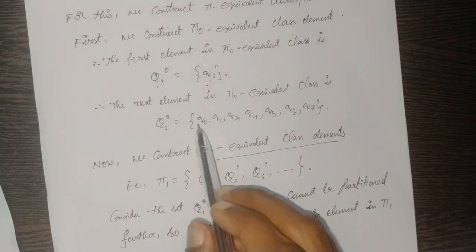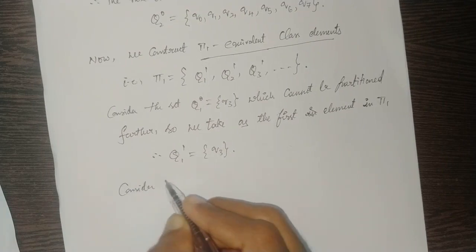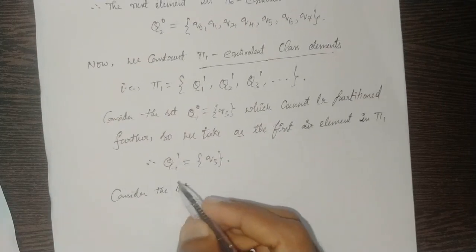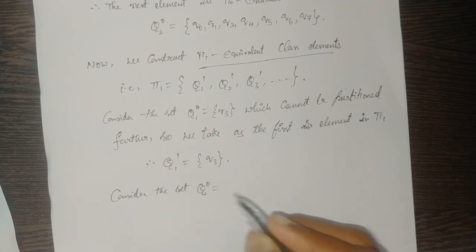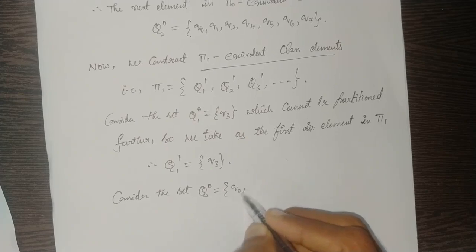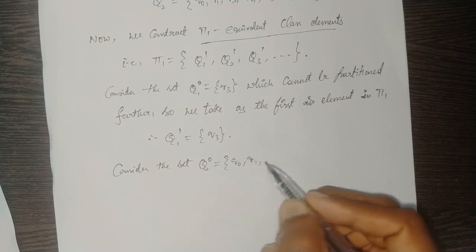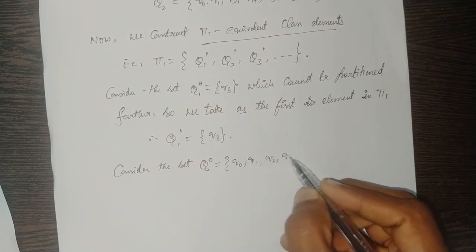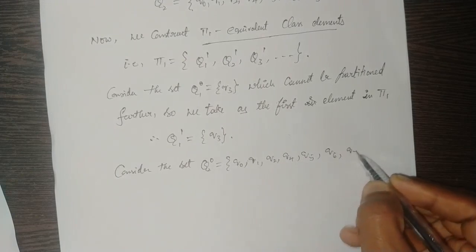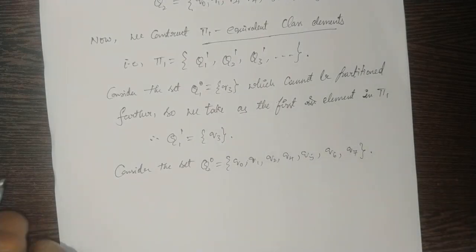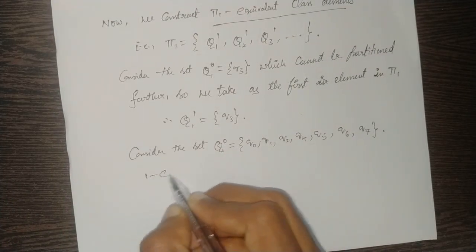Now consider the second element in pi 0. Consider the set Q2 naught, which equals Q0, Q1, Q2, Q4, Q5, Q6 and Q7. Now we consider one equivalence.